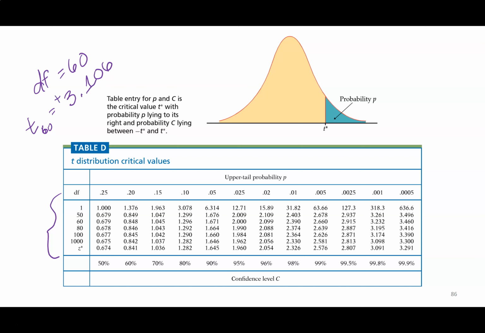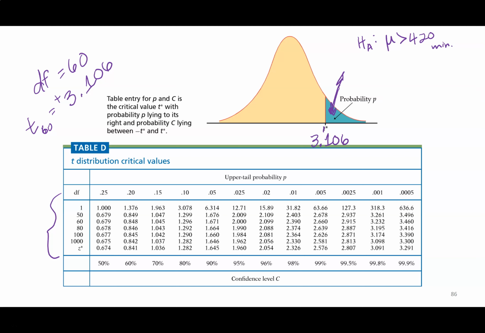And it's positive. That's handy to know. So I'm going to pretend that this is at 3.106. And I want this blue area, right? Because my alternative was mu is greater than. So I want this higher than area, 420 minutes.